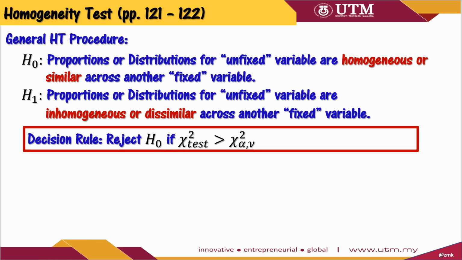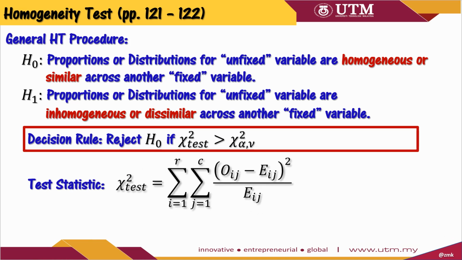The chi-squared test statistic is defined as follows. Again, notice that this formula is exactly the same as the chi-squared test statistic formula we used in the independence test. Finally, you should make a correct decision and conclusion regarding the homogeneity of the stated proportions.